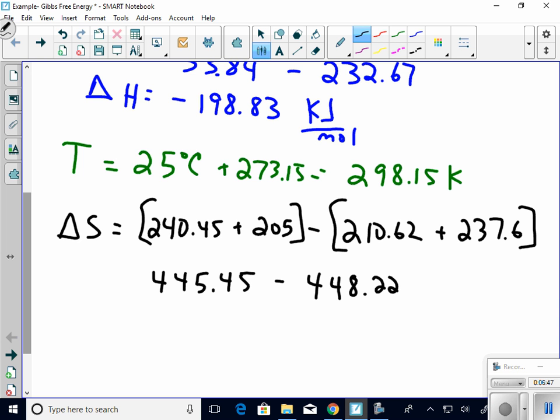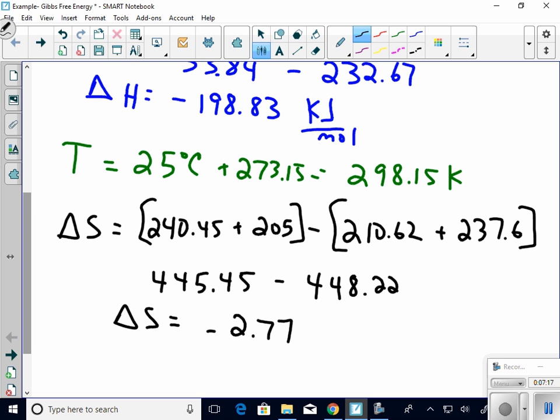Now, when I subtract the second one from the first one, so I take the 445.45 and I subtract the 448.22, and I get negative 2.77 for my delta S.